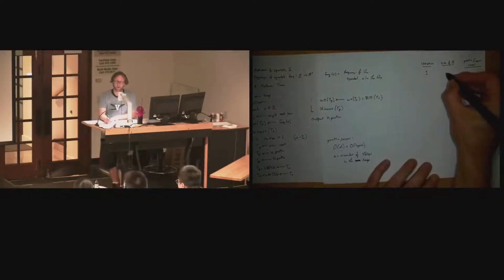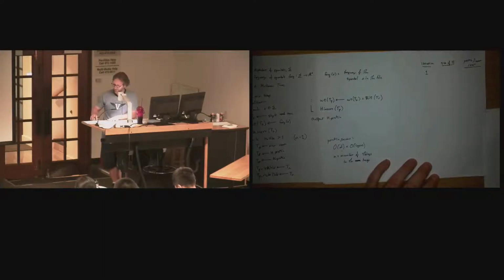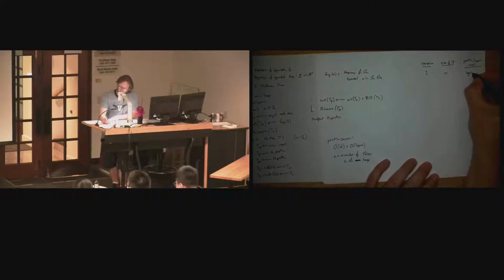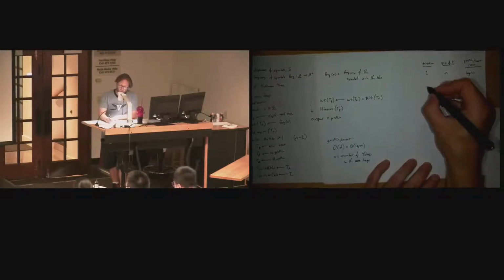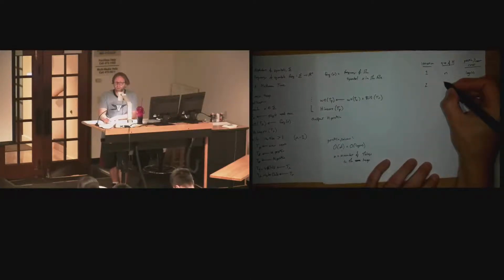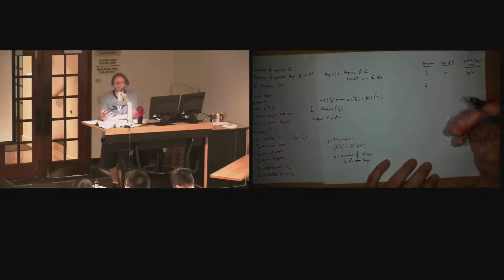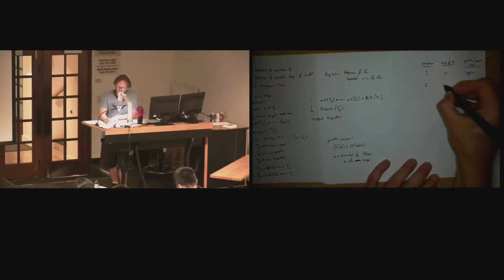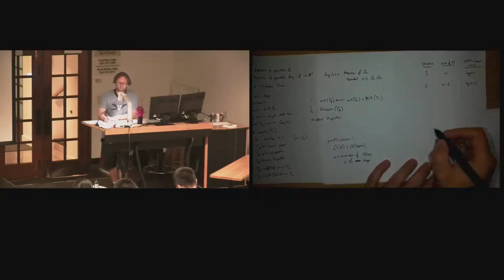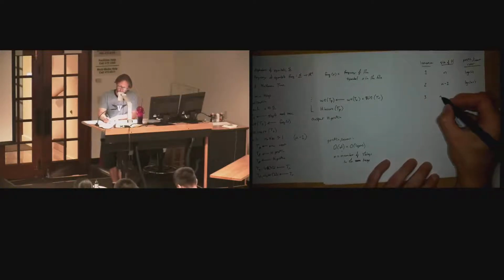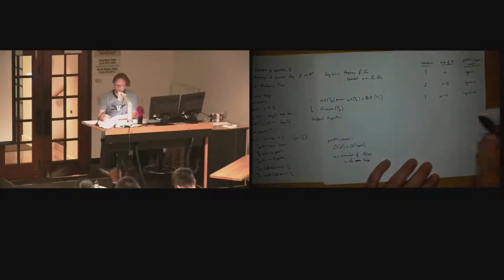How many trees are in there? N. So the cost is going to be log n. On iteration 2, now how many things are in the heap? Remember, we're going down. There's 7 things in the heap, then there's 6, then there are 5. So n minus 1, log of n minus 1. On the third iteration, n minus 2, log of n minus 2 is our cost. Right? Our cost is going down.